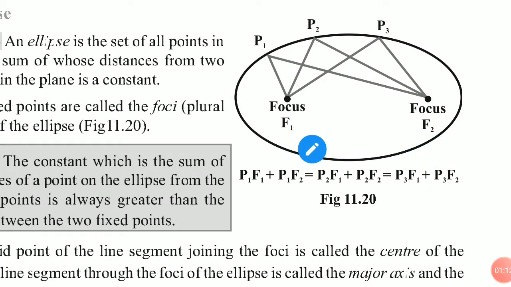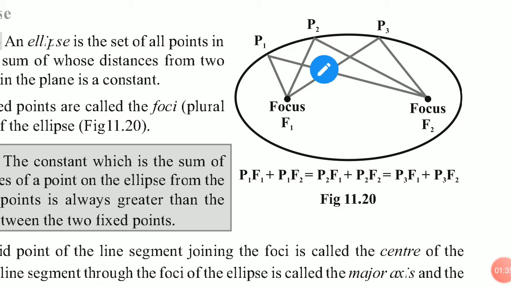Both points are fixed and are called the foci of the ellipse. The distances from the two fixed points, suppose for P1: the first distance is P1F1 and the second distance is P1F2. So the sum of the distances is P1F1 plus P1F2.